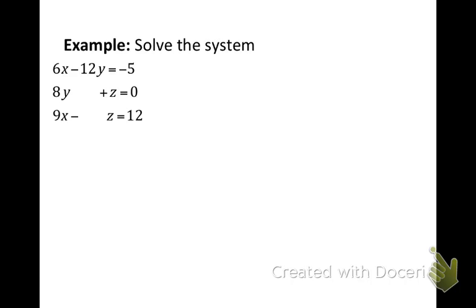Could I solve for a variable very easily? Z. I could solve for z in the second equation, right? So that would get me z is equal to negative 8y. Down here in the third one, I could get z is equal to negative 9x plus 12.